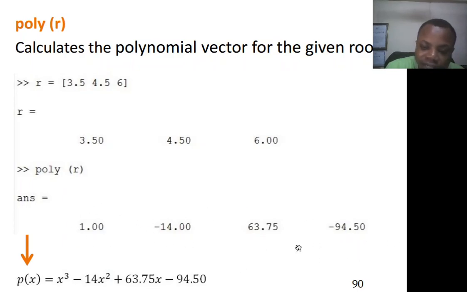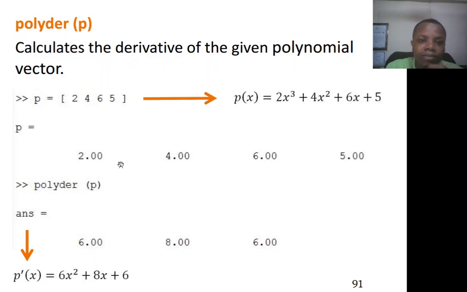Remember that this vector constitutes this polynomial, and this happens to be x raised to the power 3 minus 14 x squared plus 63.75 x, then minus 94.5. And so that is exactly how MATLAB is going to generate this polynomial for us.